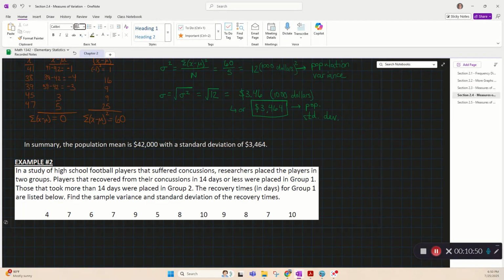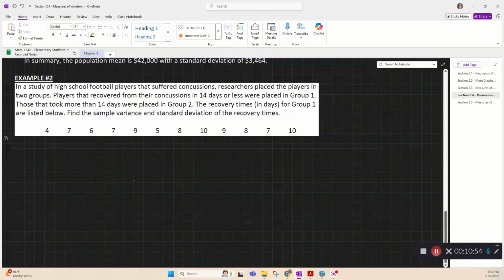Okay. In a study of high school football players that suffered concussions, researchers placed the players in 2 groups. Players that recovered from their concussions in 14 days or less were placed in group 1. Those that took more than 14 days were placed in group 2. The recovery times in days for group 1 are listed below. Find the sample variance and standard deviation of the recovery times.